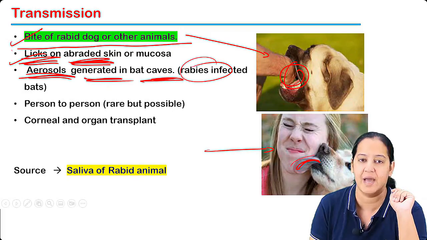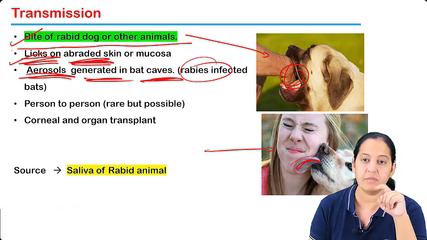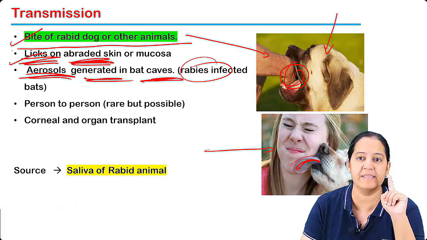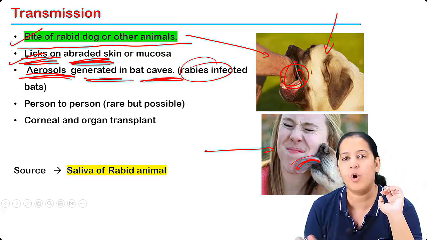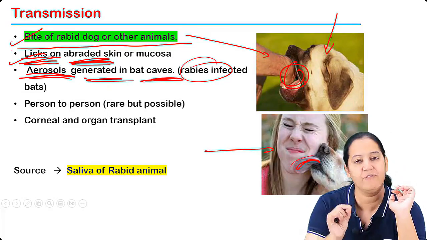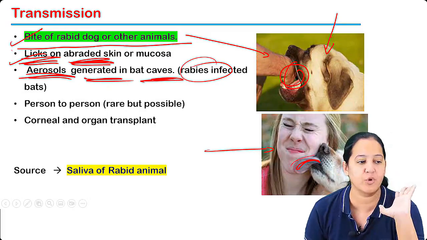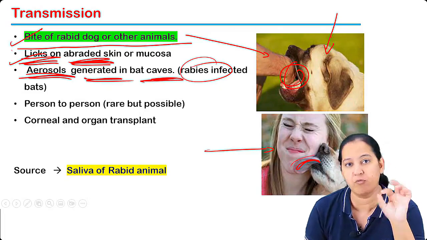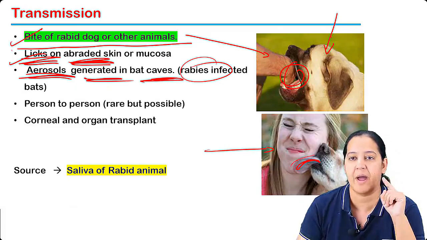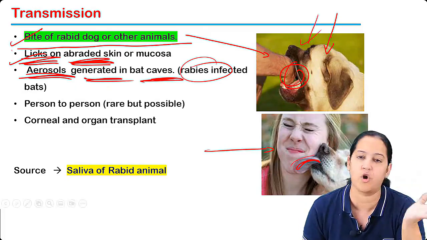Number four, whenever the dog has rabies, the dog becomes mad. It bites everyone. Normally dogs don't bite us. If you go and provoke the dog, then it will bite, no dog bites like that otherwise. The dog does not bite usually, but if you provoke the dog with something, then it bites. But a rabid dog is mad. Without provocation, the dog bites everyone.